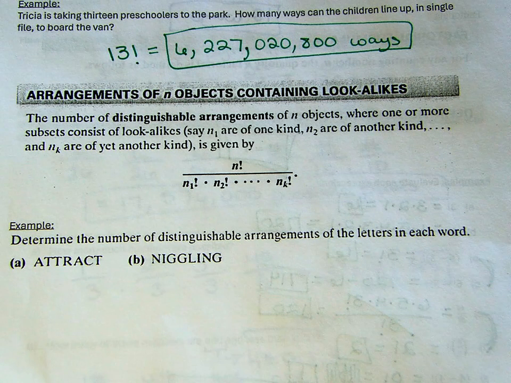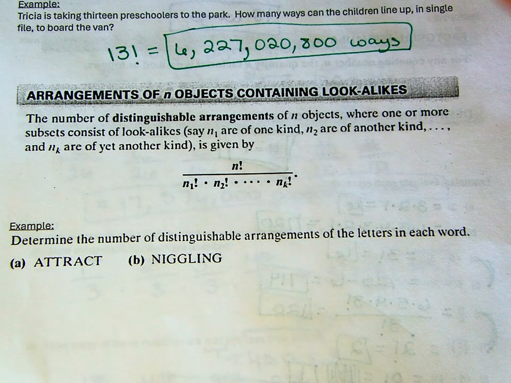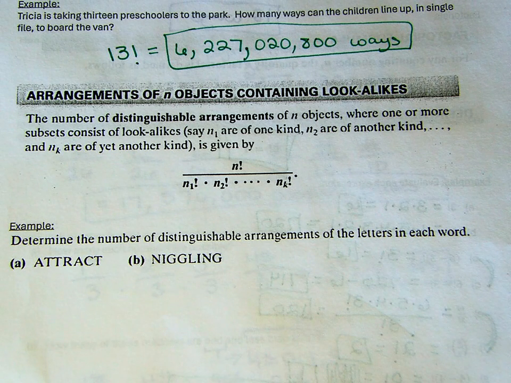But for these other ones, we're going to be looking at the different arrangements of letters within a word, and they're going to have repeated letters. So the number of distinguishable arrangements of n objects, that means kind of unique, different, where one or more of the subsets consists of lookalikes, aka we have repeated letters, then we're going to use this formula.